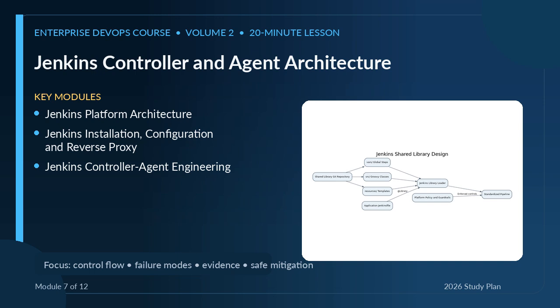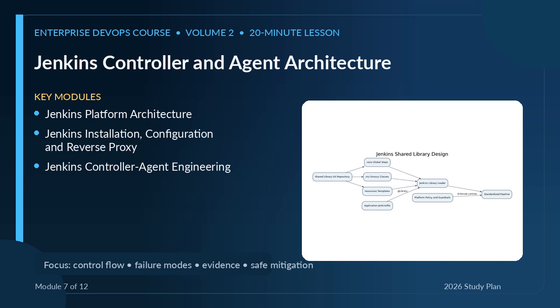Terminate TLS at a hardened ingress or reverse proxy. Manage configuration through JCasC, code and controlled credentials rather than ad hoc UI changes. Disable anonymous access unless explicitly required. Nginx reverse proxy example, illustrative systemd unit.